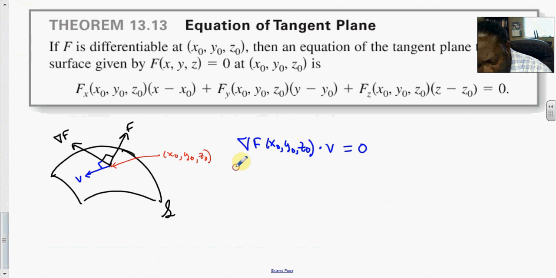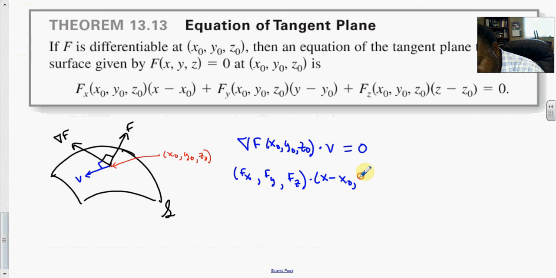Now if you think about that, this gradient vector has the form of capital F, take the partial derivative there, and just use my shorthand if you will, comma the partial of f with respect to y, comma the partial of f with respect to z. Its dot product with x minus x naught, comma y minus y naught, comma z minus z naught is equal to 0. So we fashion that out. We have the partial of f with respect to x, and just put the point it's been evaluated at.